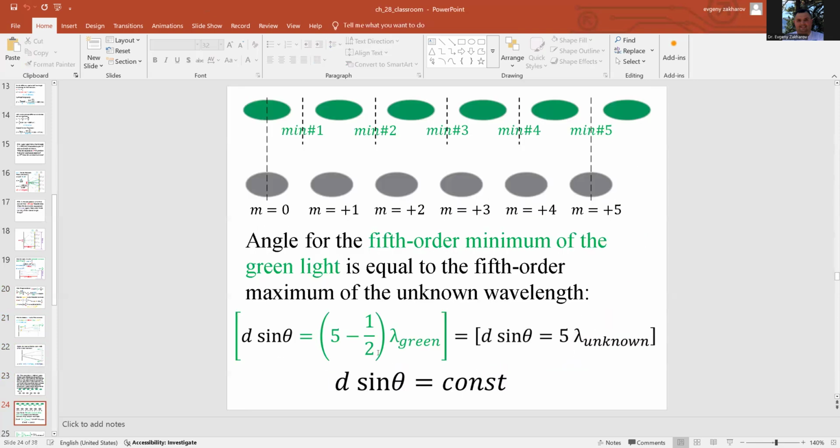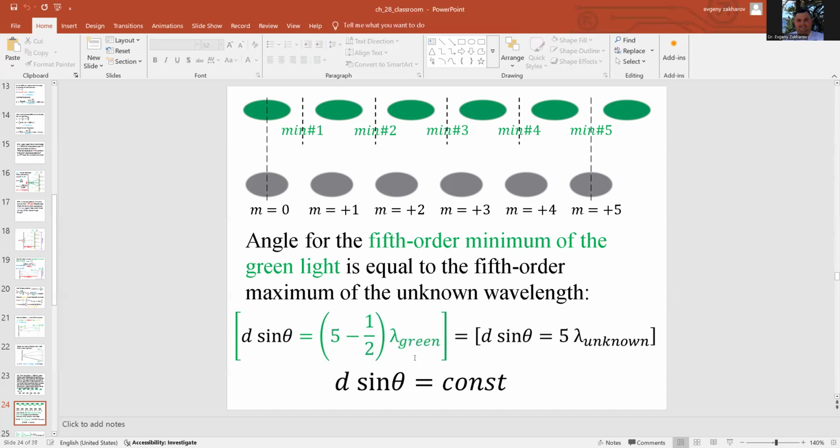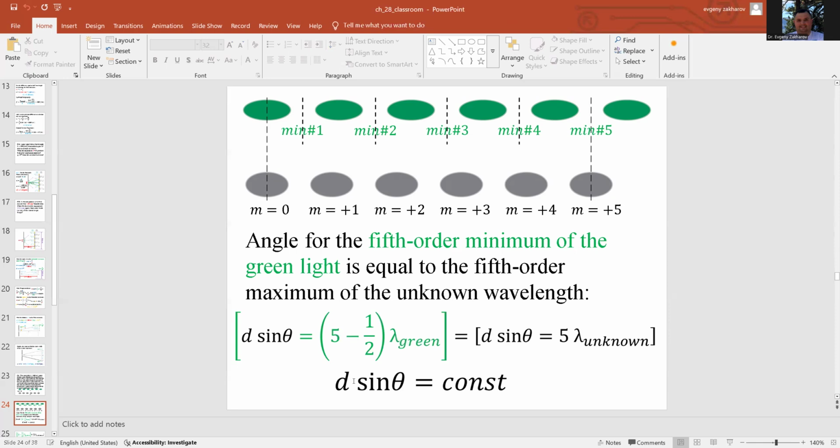So m is 5, take away 1/2. And it's not just any lambda, it's lambda for the green color. We know that it's green, it's given. So we set them equal to each other. So d sine theta is 5 take away half of the green wavelength. And you just solve it for the unknown lambda, and that's it.